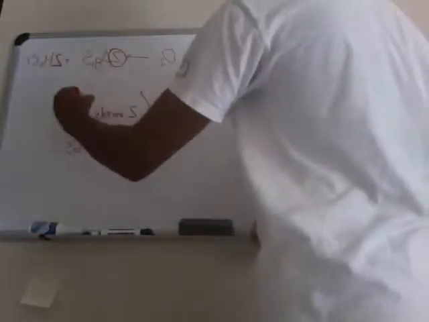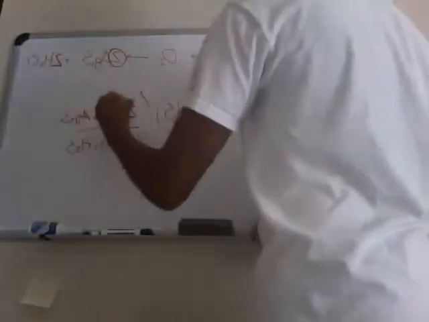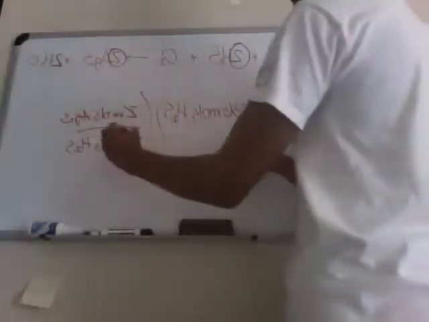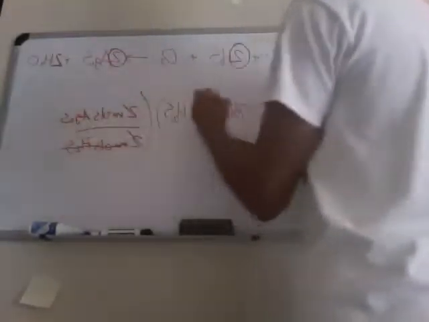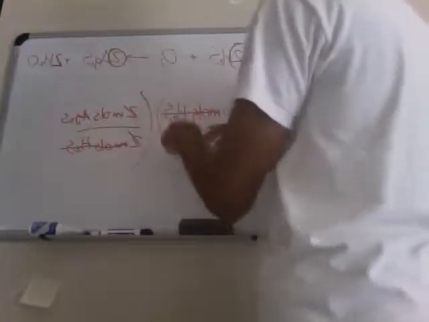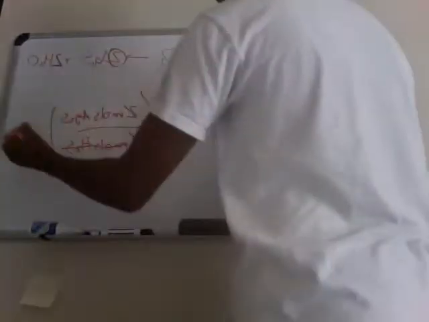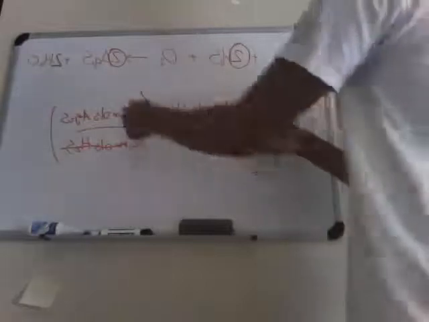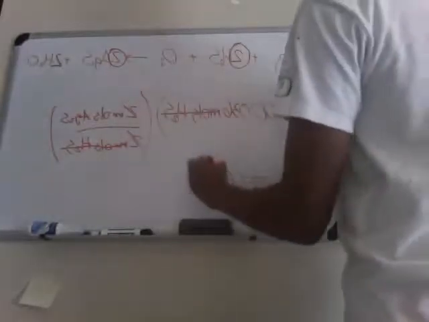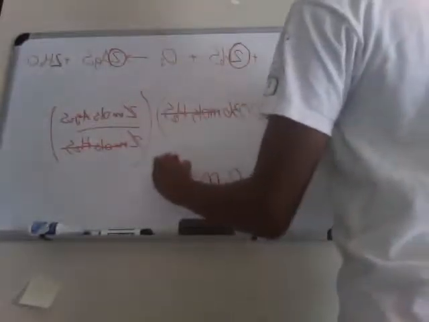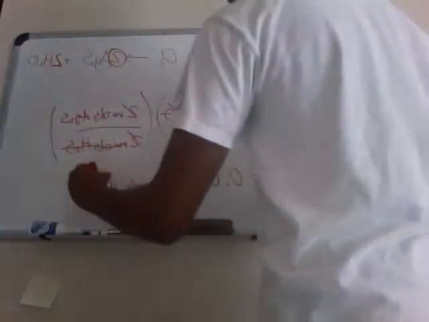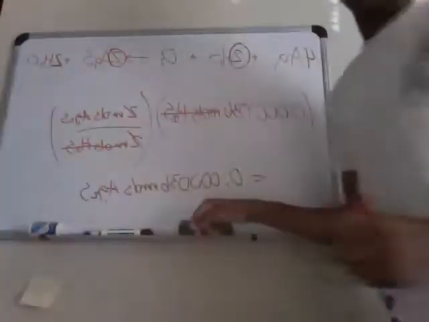And luckily for us, the 2 moles just cancel out, and the moles of hydrogen sulfide cancel out with the moles of this hydrogen sulfide. And so since it ends up being this divided by 1, you get 0.00036 moles of silver sulfide.